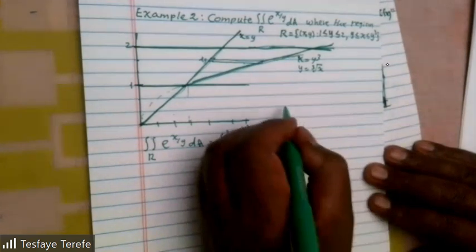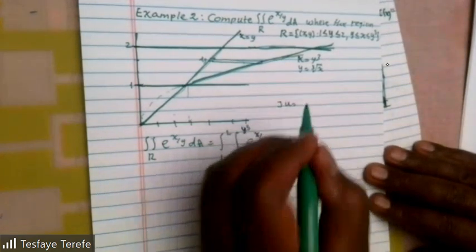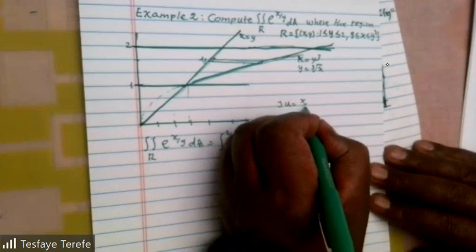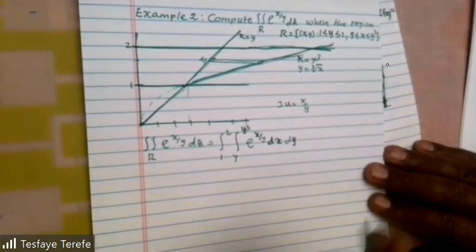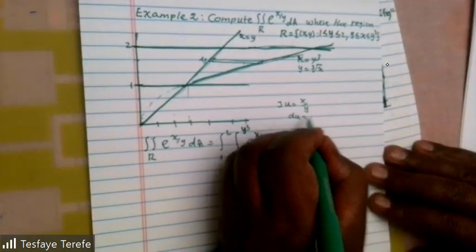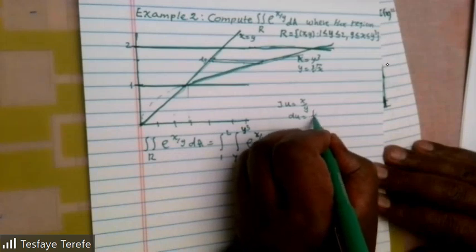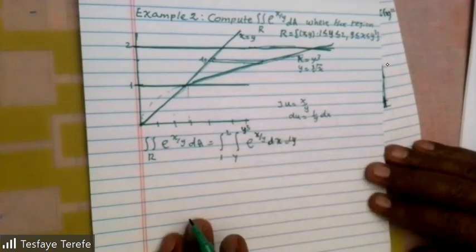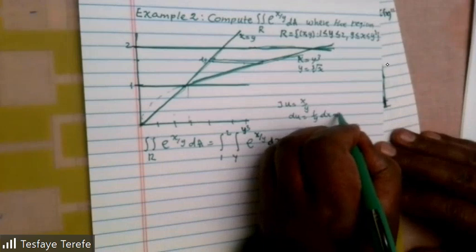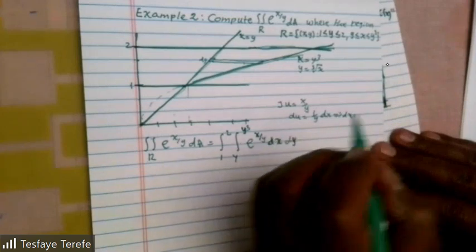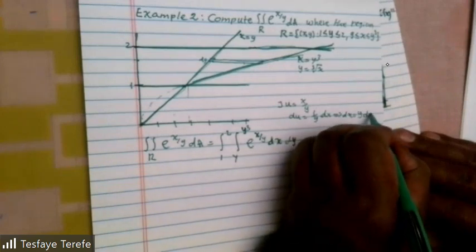It is u substitution. Let u equal x over y. Then du equals 1 over y dx. Then dx equals what? y times du.